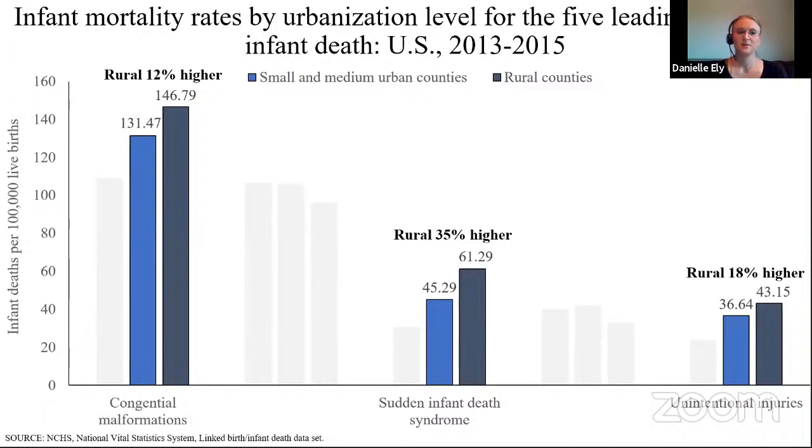In terms of places where infants in rural counties are doing worse, infants in rural counties had 12% higher rates than small and medium urban counties for congenital malformations. They had 35% higher rates for SIDS, and they had 18% higher rates for unintentional injuries.